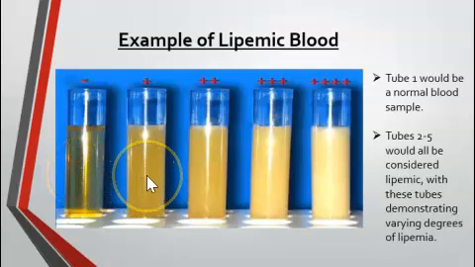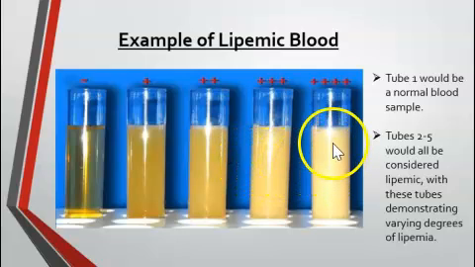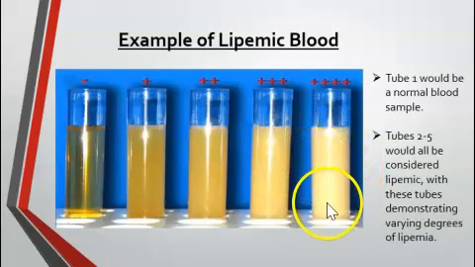Okay, the next sample, you start to have kind of a hazy color. So you're getting some fat or lipids in your sample. And then moving on over, it's a little bit thicker or more turbid. And then you just keep moving on over till you're getting that opaque color. You cannot see through the sample at all. It's starting to resemble that kind of milky color I was referring to earlier.